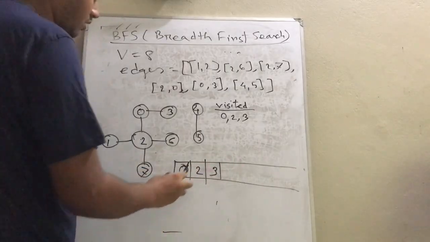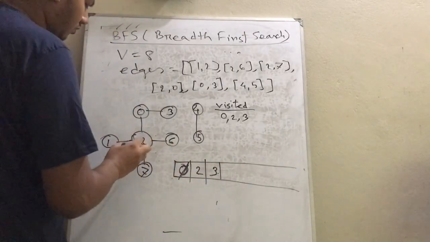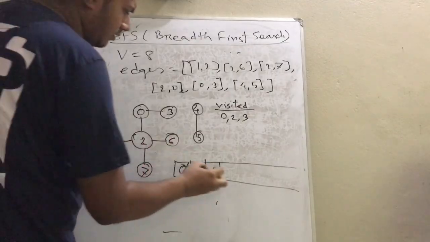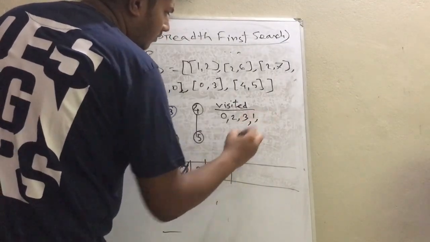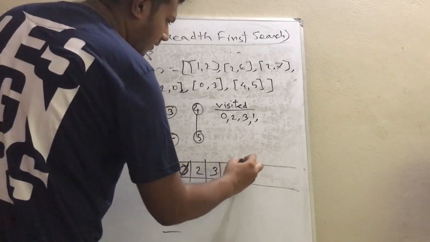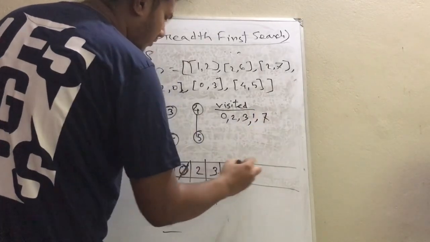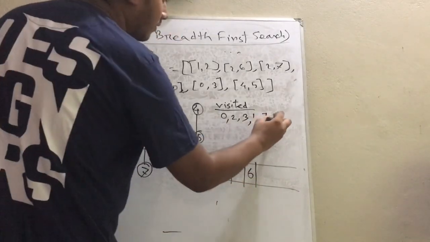Okay, 0 is done. Now there remain 2 and 3. 2's neighbors are 1, 7, 6. 1 is also visited, 7 visited, and 6 visited.